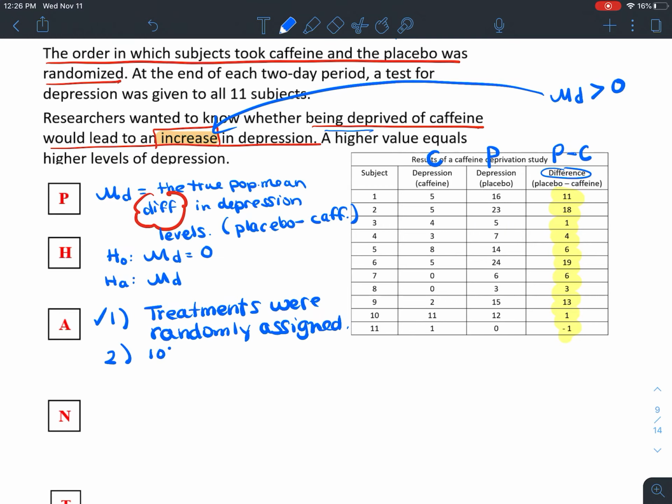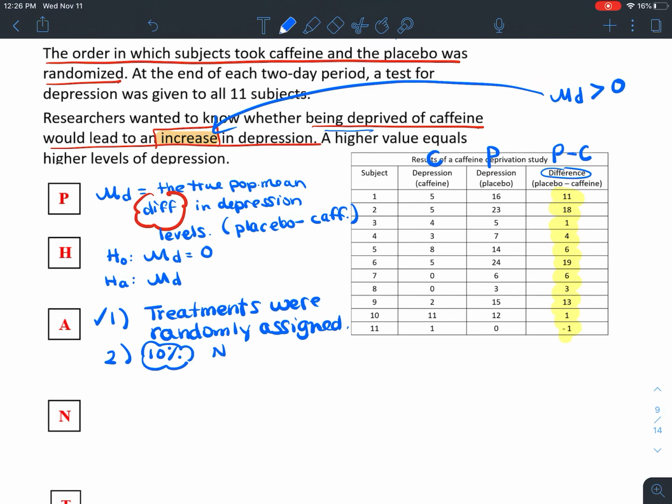Now, the 10% condition, this is interesting. The 10% condition only applies if you're gathering a sample, because we want to make sure that our sample size is small enough that if we took 10 times our sample size, it's going to be less than or equal to the population size. If it's an experiment, then it is not necessary for you to show anything with the 10% condition.